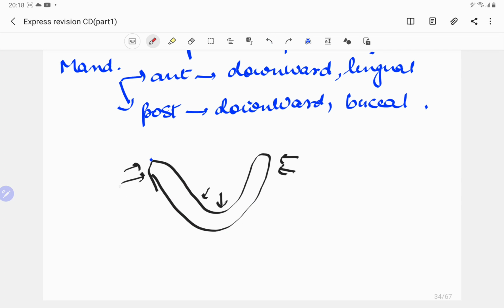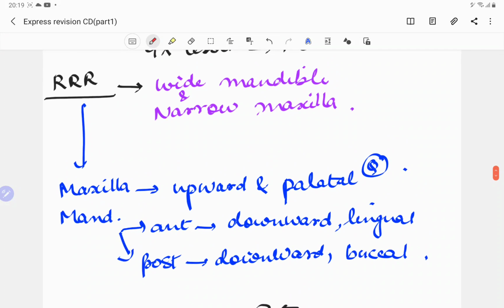Because of the resorption, the mandible becomes like this. So because of that, there is going to be the prognathic profile. The mandible becomes wide, the maxilla becomes smaller. So it is a kind of a class 3 relationship, like how it is seen in the class 3. So because of that, there is going to be prognathic profile, right?